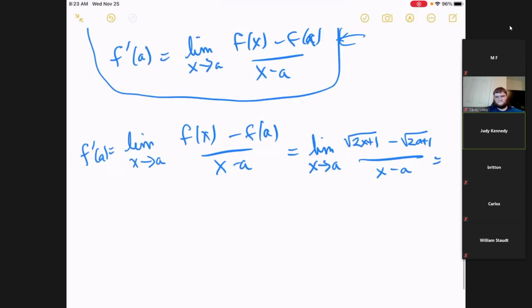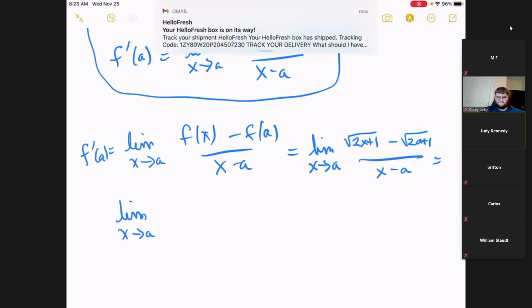Okay, so this is a square root, and we have this little trick, I guess you'd call it, that only works for square roots, for when you want to get rid of them legally.